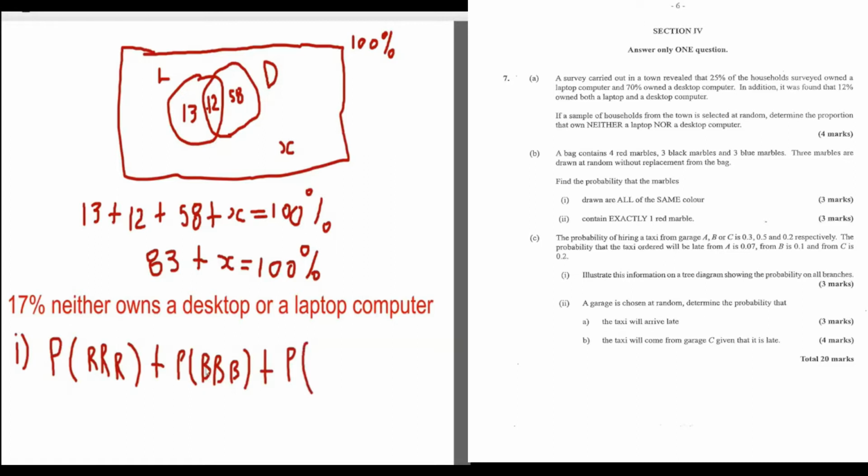If B represents black, for blue I'm going to write BL.